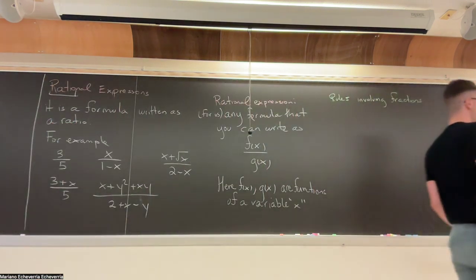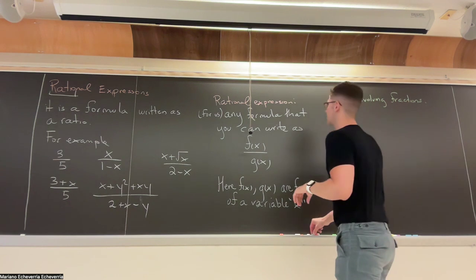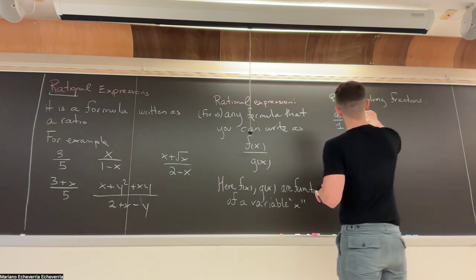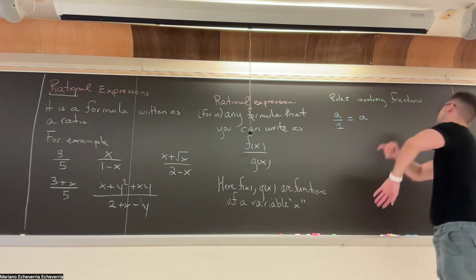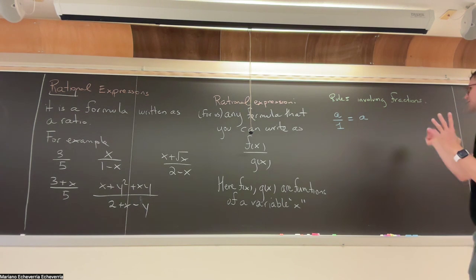So the first one, I will start with the most basic ones. As we have discussed, almost even on the first day of class, having denominator one is as good as not having anything. If you're dividing by one, that is just the numerator.